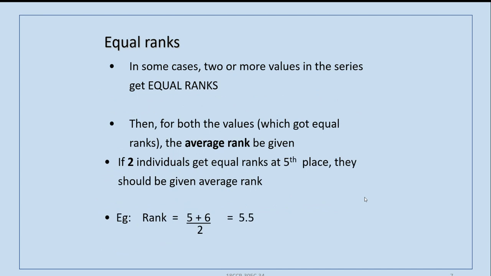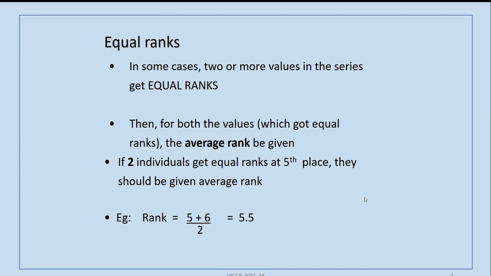Coming to this lesson, as I said, some equal ranks occur where in some cases two or more values in the series are equal. Then for both the values which got equal ranks, the average rank will be given. If two values are repeated or if three values are repeated, what we have to do? If two individuals get equal ranks, that means which rank is coming equal.